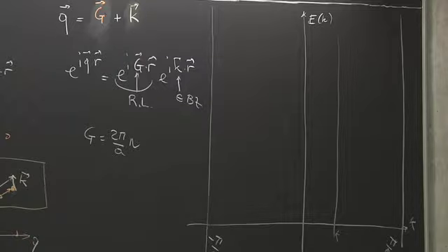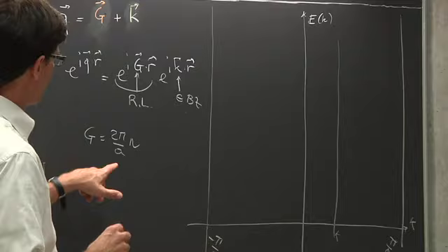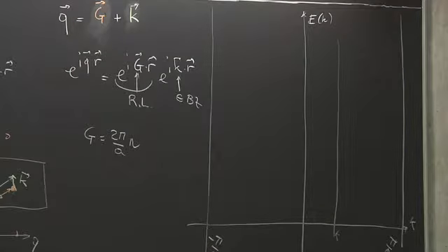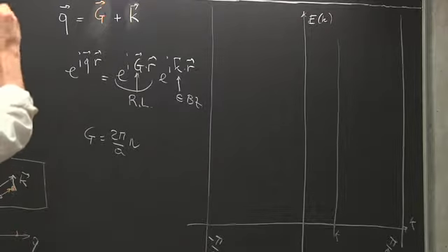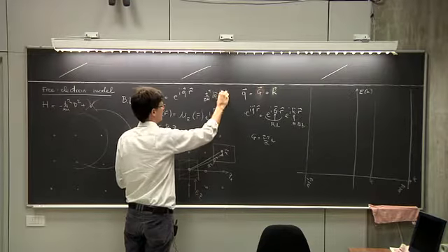Right? So, in terms of energies, well, I never wrote the energies here, but obviously the energy here is h bar squared over 2m q squared, right? That's the energy.